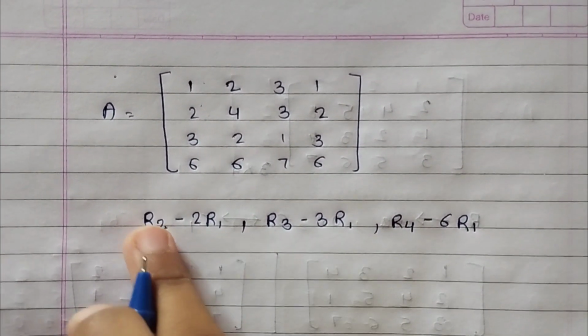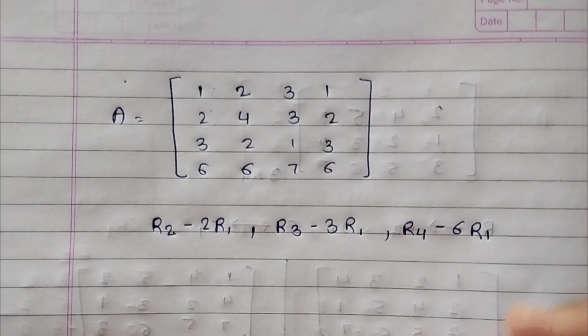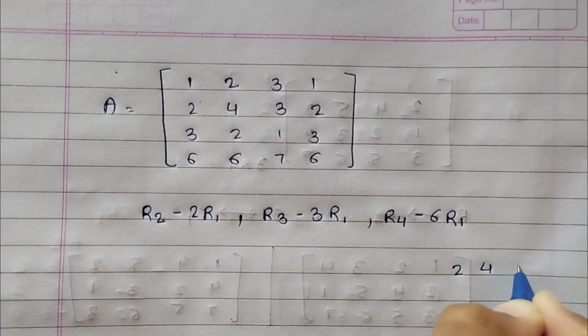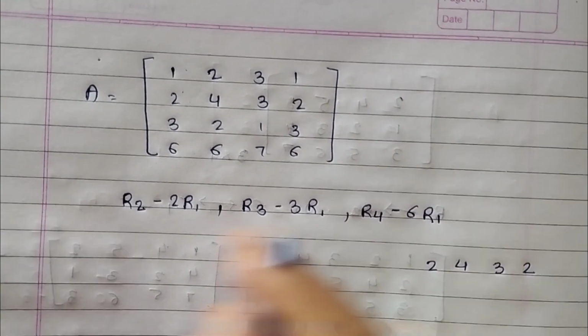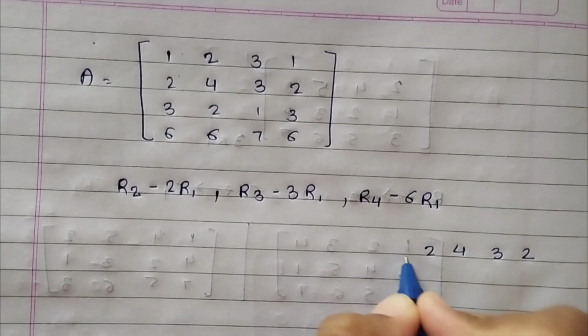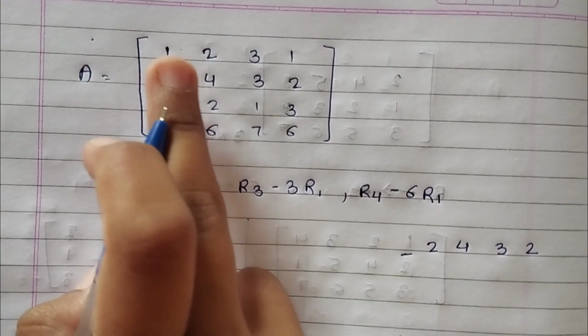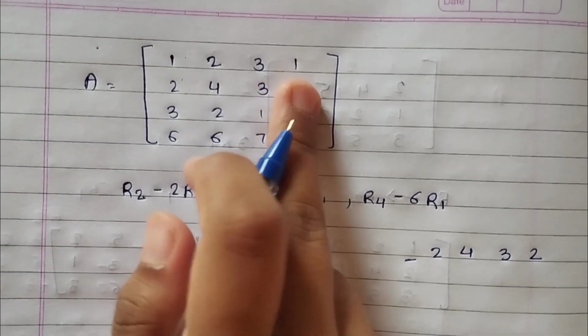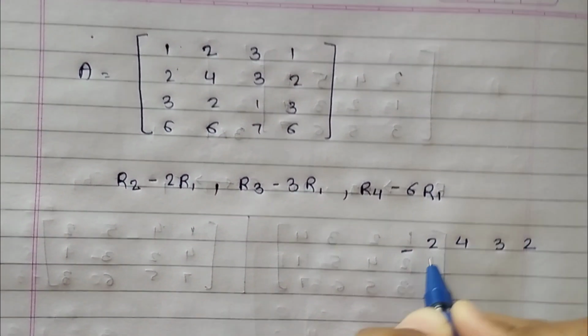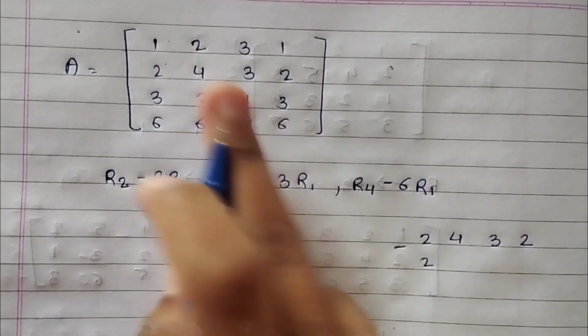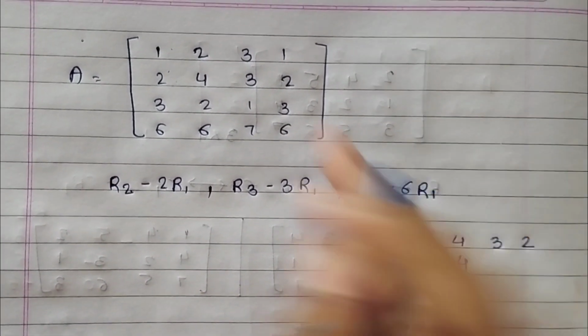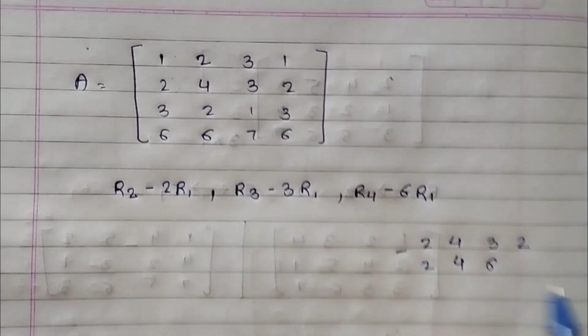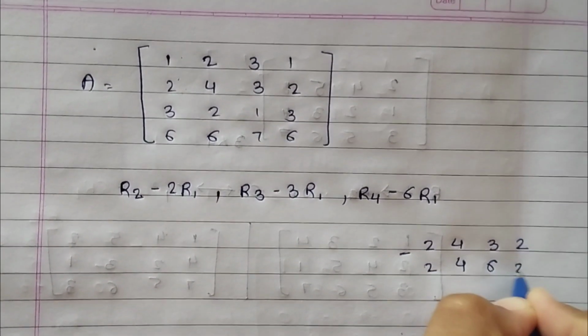So the R2 row is 2 4 3 2, and minus 2R1 means we multiply the first row with 2: 2, 2 2s are 4, 3 2s are 6, 1 2 is 2.